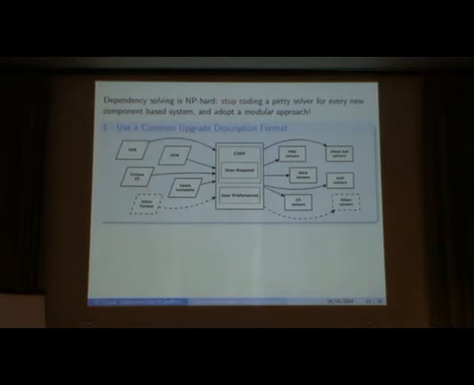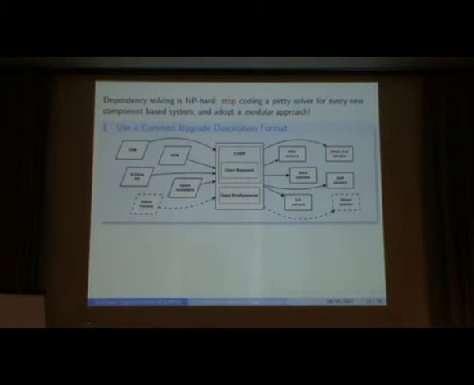This means, step number one, use a common description format for your upgrade issues. Let's encode the Debian installation problem, the RPM installation problem, the Eclipse problem, the Opam problems, or whatever package installation problem, in this common format. And I use this as a pivot format to call many other different solving technologies which are available out there.